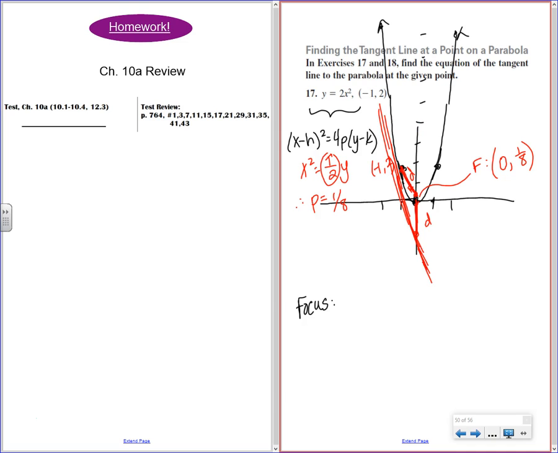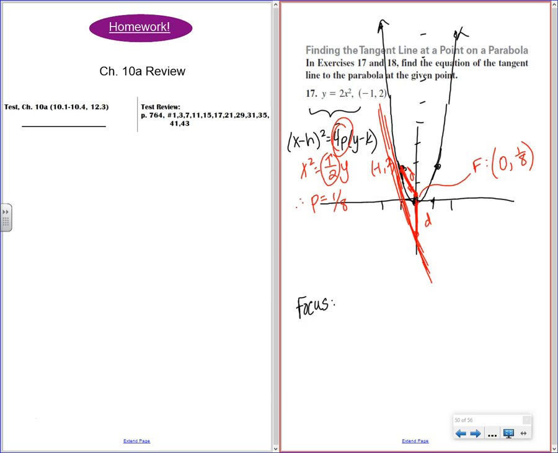Because the x is squared, this is the standard form I wanted to look at. So I saw the x squared had to get by itself, which I could do by dividing by 2. So x squared is equal to 1/2 y. Therefore my (h, k) is (0, 0). And then this coefficient had to line up with 4p. I set the two equal to each other. 4p has to be 1/2, divided by 4, 1/8.